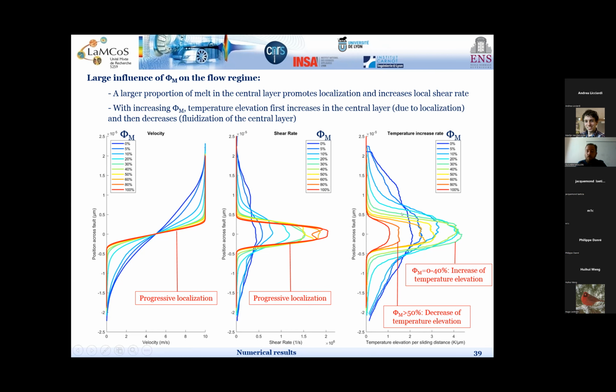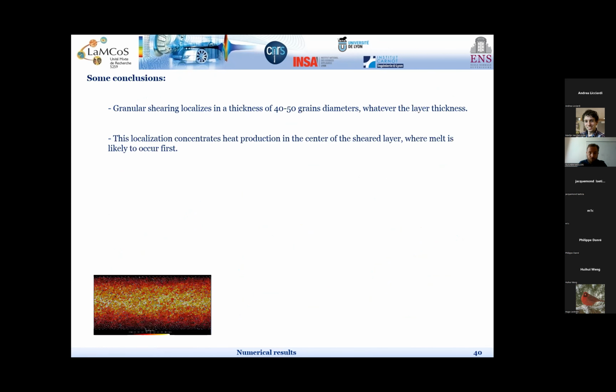This is not monotonous. You see, from blue to red, we go there and we go back. And the reason is that when the proportion of molten grains gets closer to 100%, the friction decreases a lot, which means that the heat creation decreases a lot. So even though we create heat in a much narrower section, we create heat in a much smaller amount.